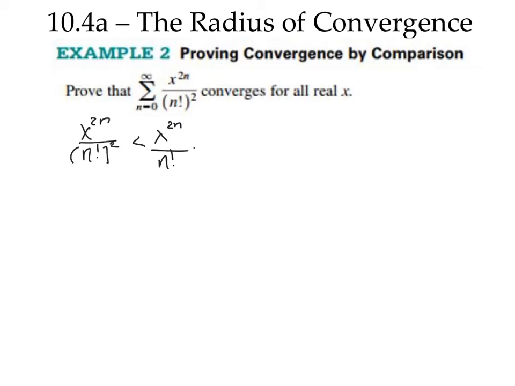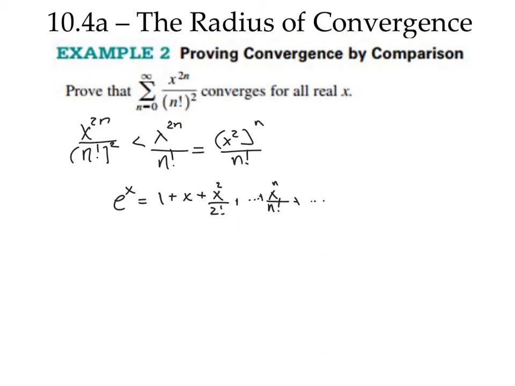And this second one is the same as x squared to the n over n factorial. Now we know that the power series for e to the x is 1 plus x plus x squared over 2 factorial plus, and so on, x to the n over n factorial, and we know that it converges for all real numbers.